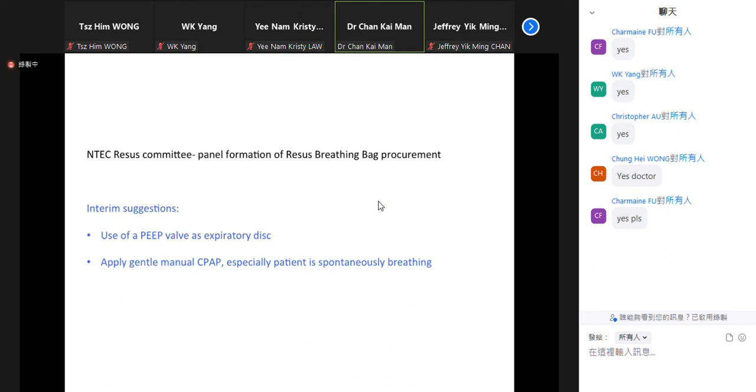We will recommend the use of a PEEP valve as an expiratory disc, and even if the patient is breathing spontaneously using this bag valve mask, gentle manual CPAP should be maintained, so that the purpose is to maintain the duckbill valve open, so that there's less air entrained through the expiratory port.